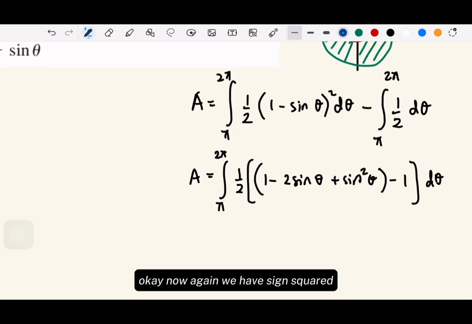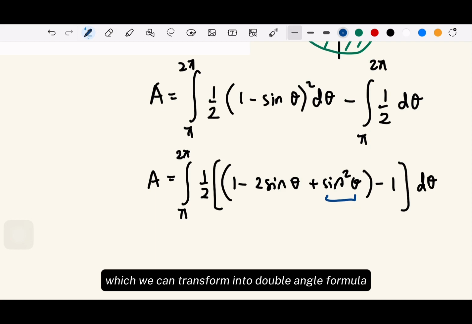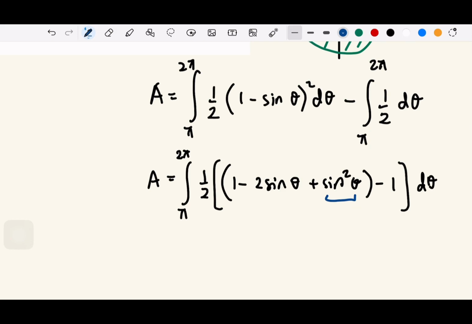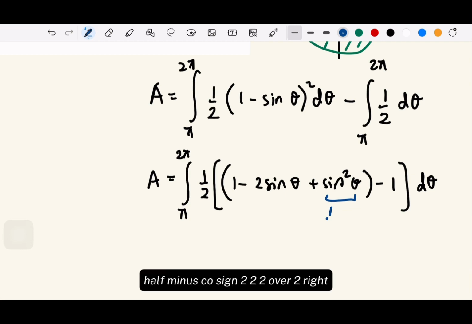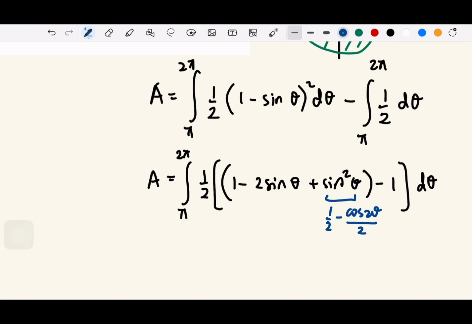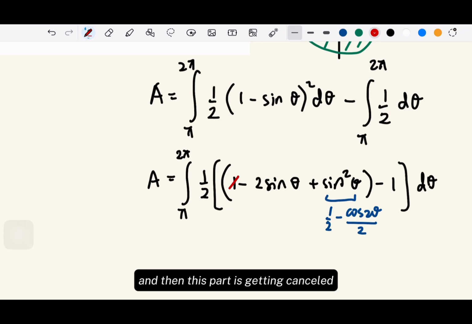Okay, now again we have sine squared, which we can transform into double angle formula. So this will be half minus cosine 2 theta over 2, right? And then this part is getting cancelled.